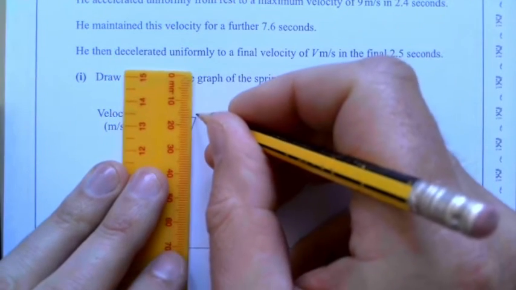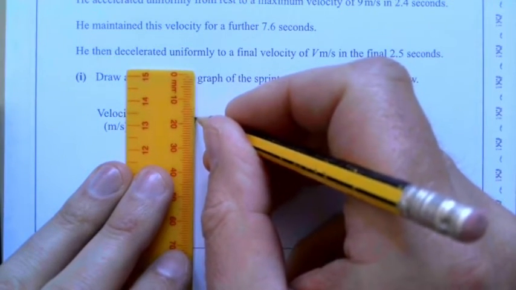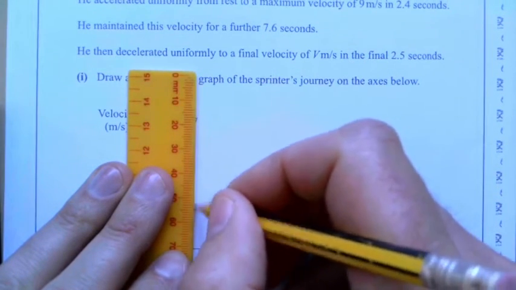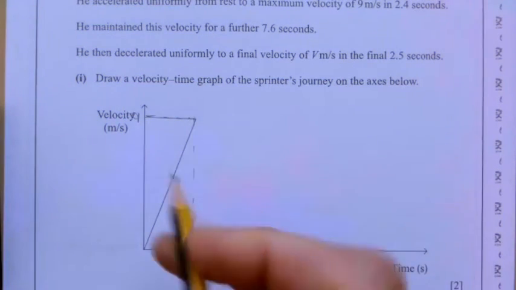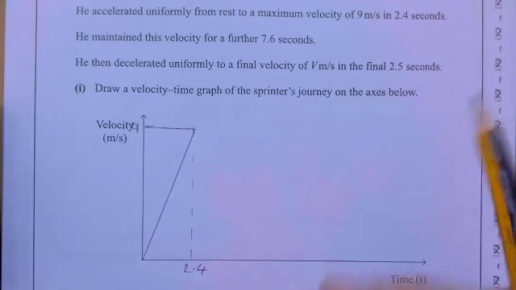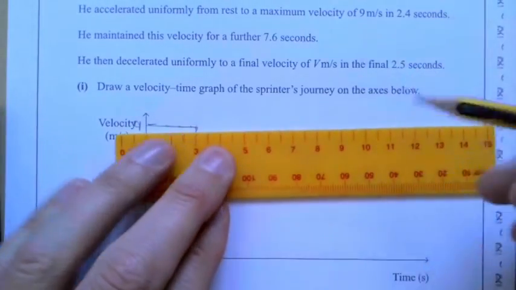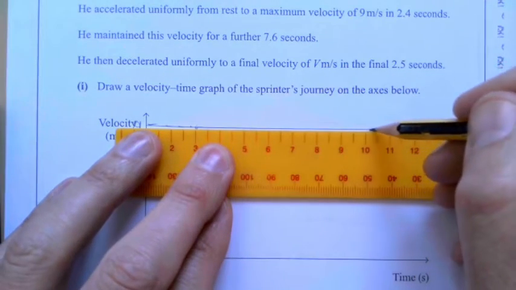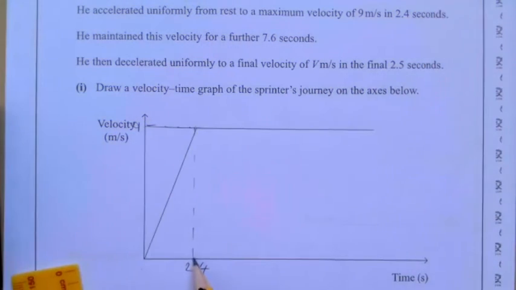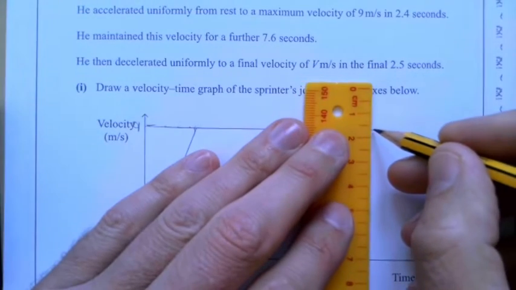And then going down here, that's at 2.4. He maintained this velocity for the further 7.6 seconds. So with 2.4 and then a further 7.6, 2.4 plus 7.6 of course takes me to 10.